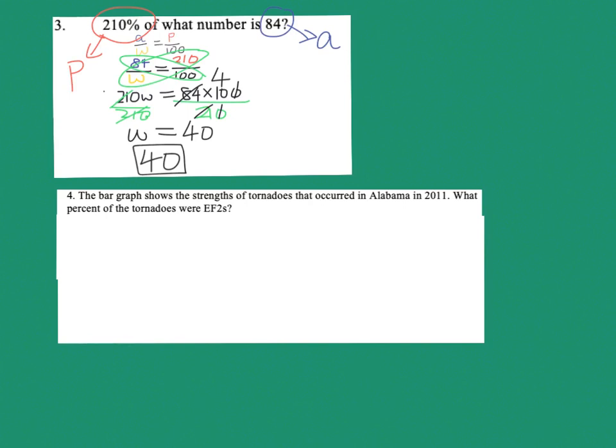If you look at the bar chart, you could see that 29 tornadoes were EF2s, and there were a total of 145 tornadoes, out of 36 plus 58 plus 29 plus 13 plus 7 and 2, that is 145 tornadoes.